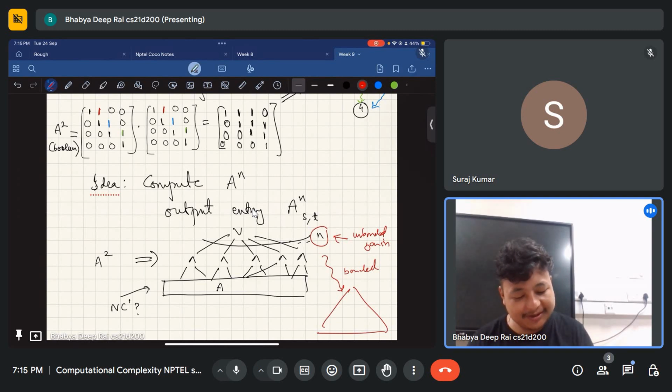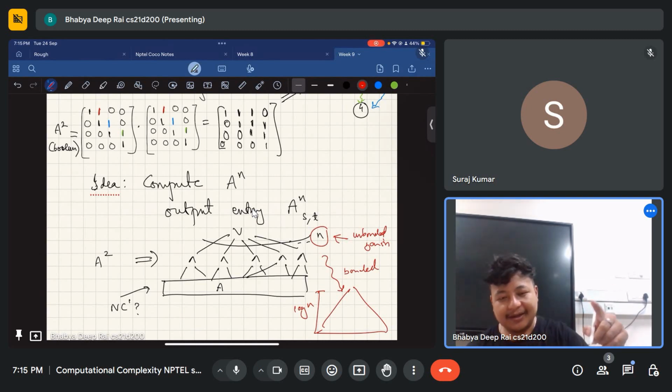The depth will increase by a log factor, which will be log n. I think we did this exercise before. If the fan-in is k, I can change it into fan-in 2 by a log n factor.